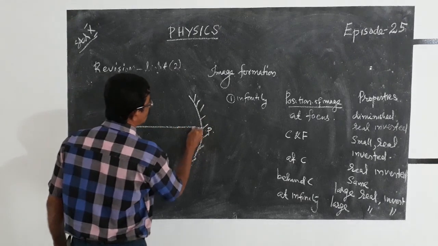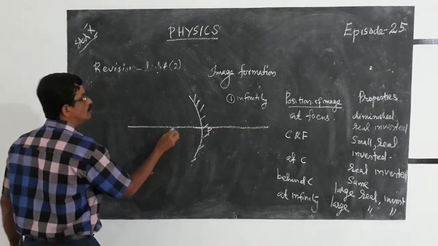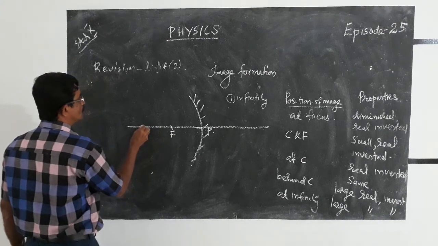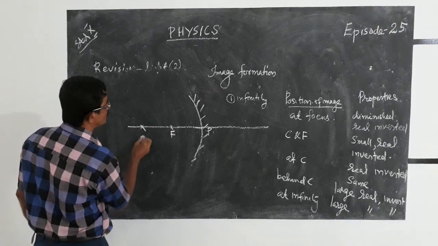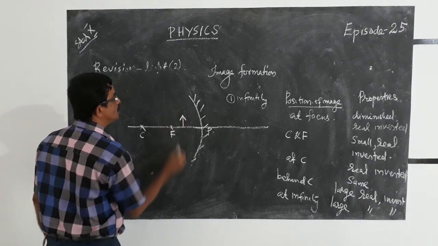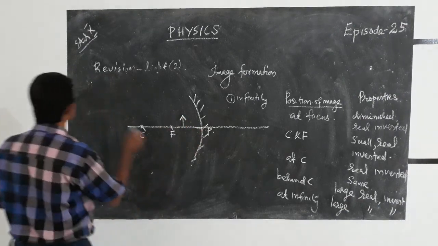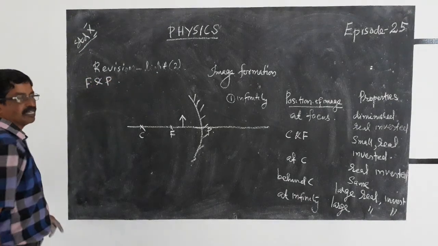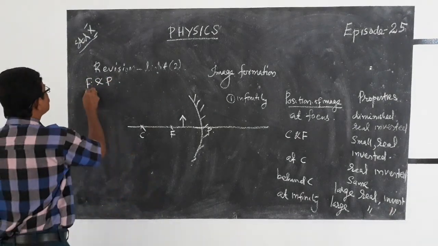This is the pole, focus, and center of curvature. Now the object is placed in between F and P.